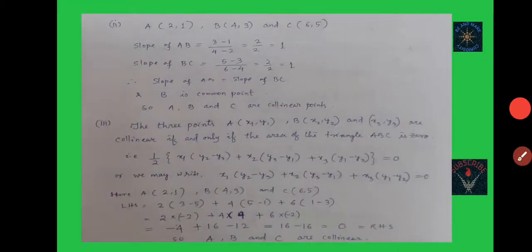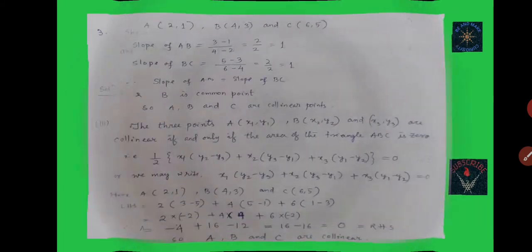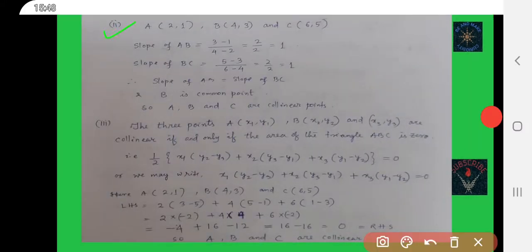Now we check by using slope, the slope of the line. The points A, B and C are given. Now you find the slope of AB and BC. If the slopes of AB and BC are equal, then we can say A, B and C are collinear points.